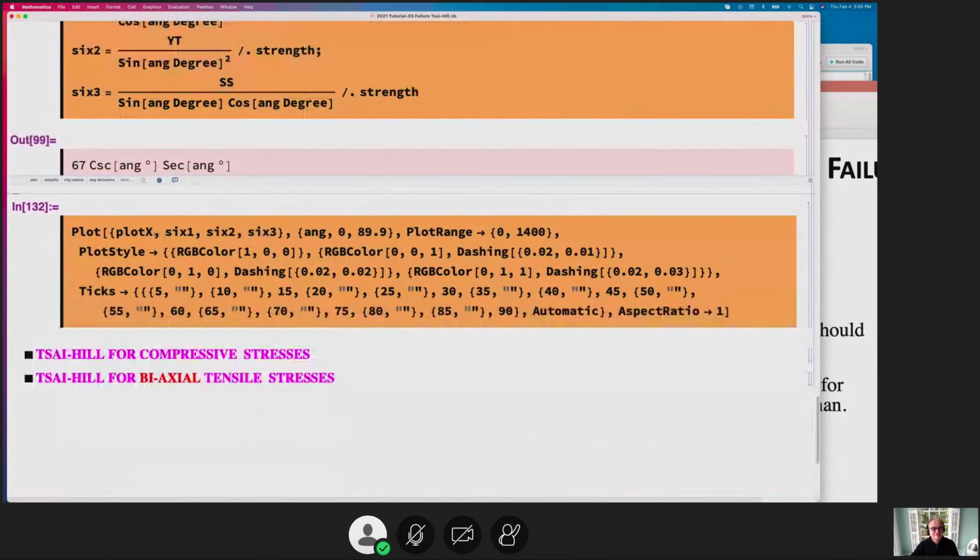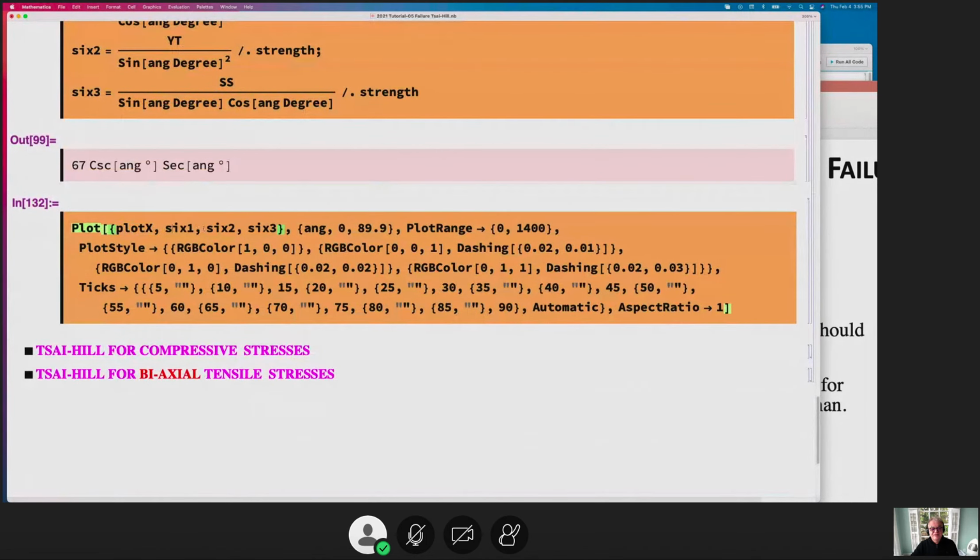And then I plot, along with plot X, these three, and color them. Red is the Tsai-Hill. Green, red, green, blue, is the fiber direction failure, green is the transverse to the fiber failure, and some color between green and blue, a strange color, will be the shear failure.